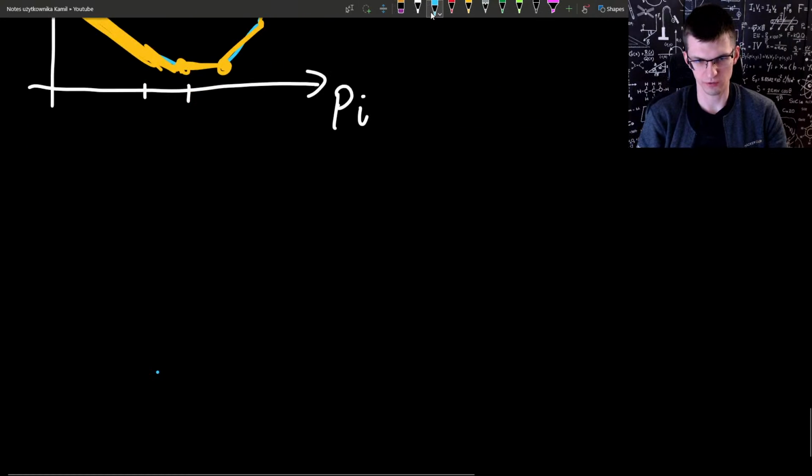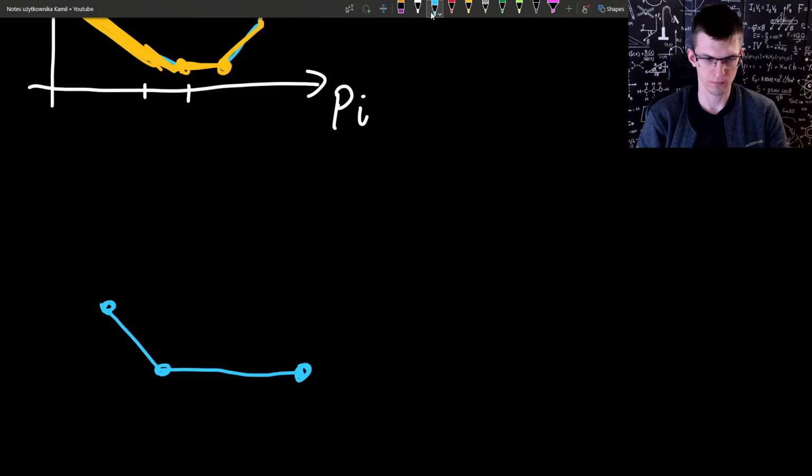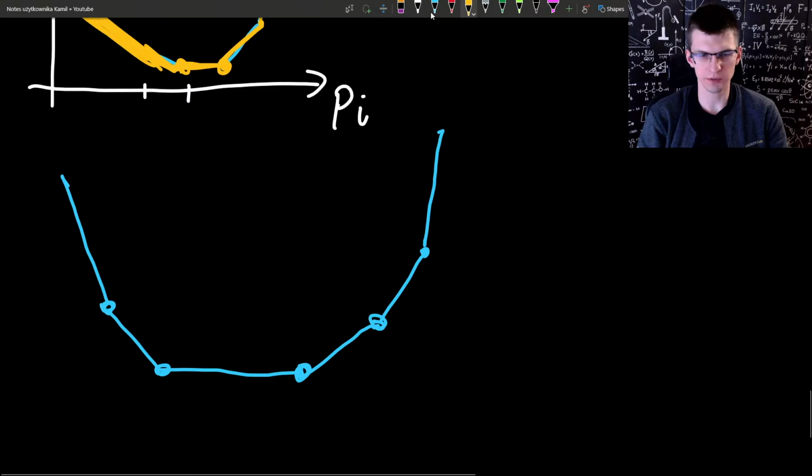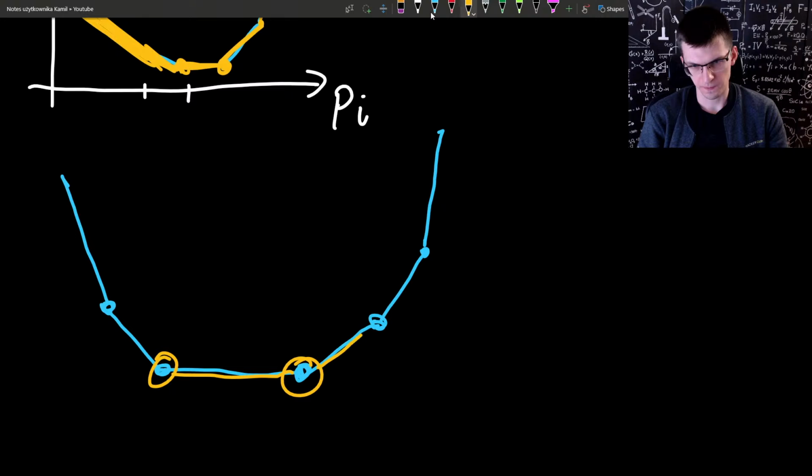So let's make a new drawing. If this was the previous function, then I claim that the new function will be the yellow thing. This, that, and now draw this. Okay, as long as the slope is smaller than c plus 1, then actually we keep taking the previous thing.